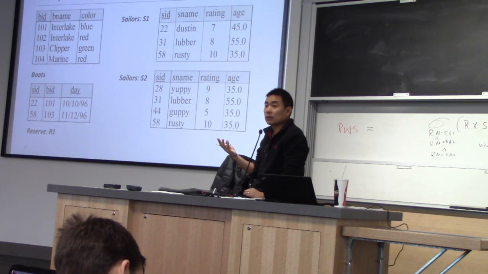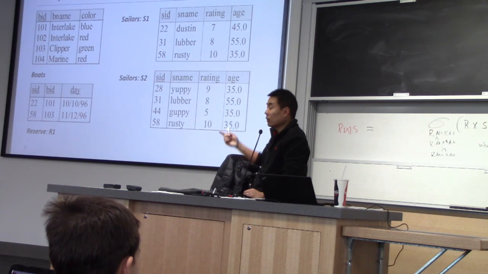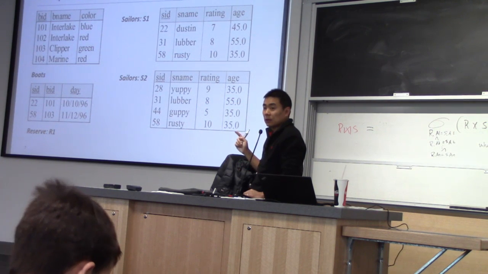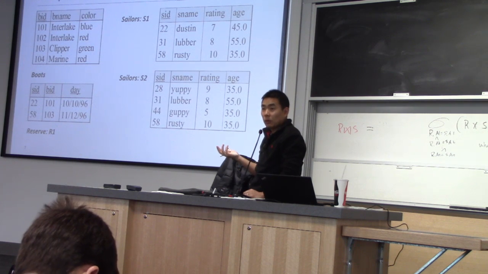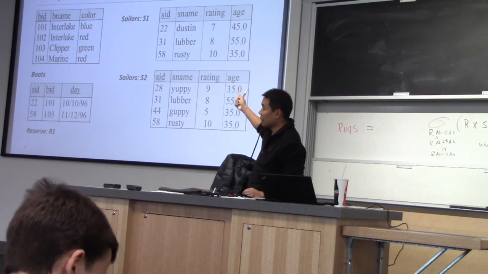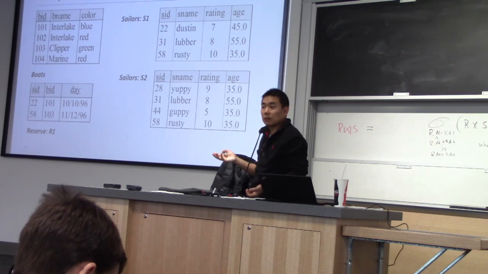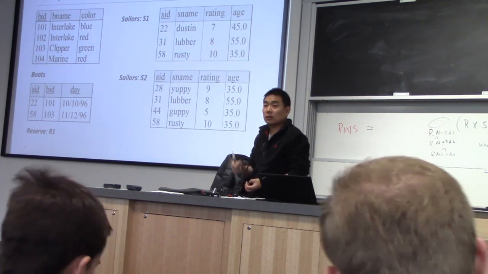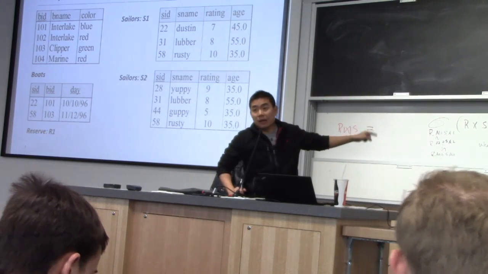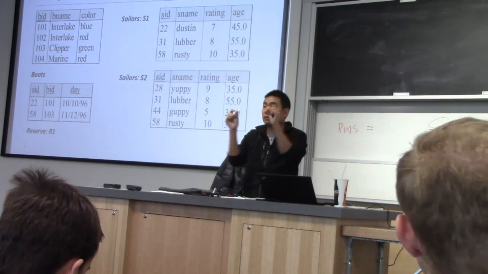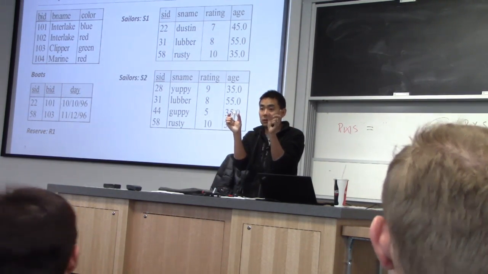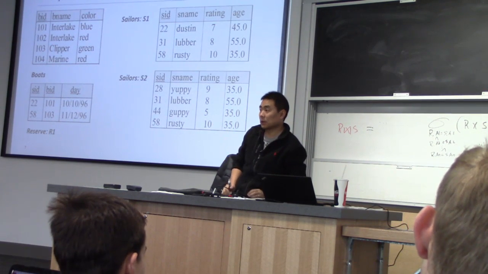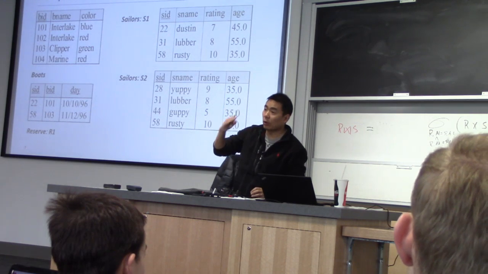Does that make sense? What is the common attribute between boat and reserves? Boat ID. What are the common attributes between boat and sailors? No, they do not have common attributes. So for every such common attribute, you enforce an equality condition on that common attribute from the output of the cross product, and you select out those records.